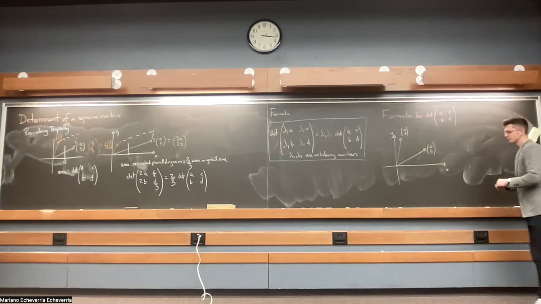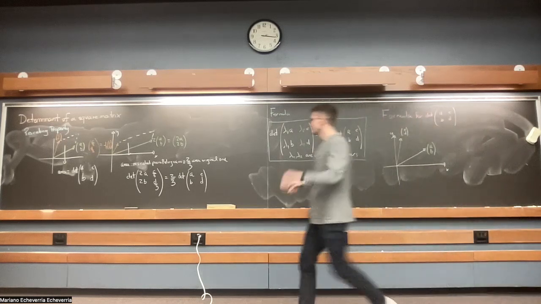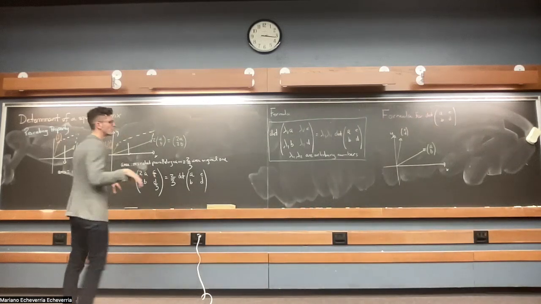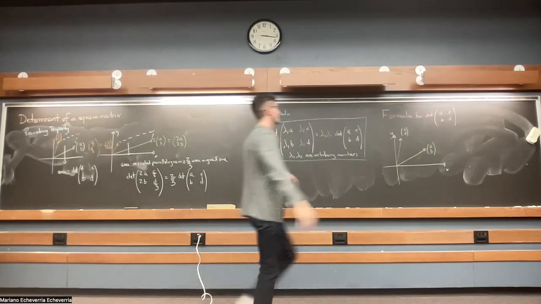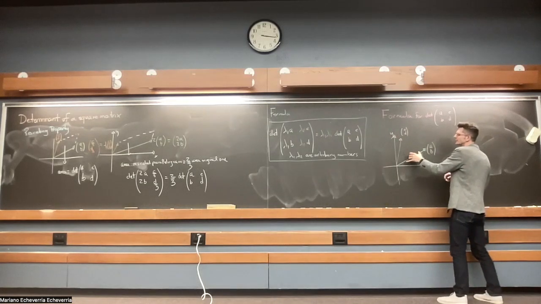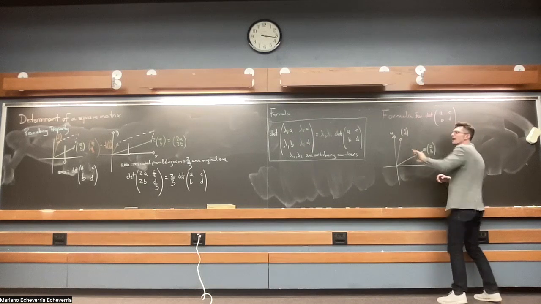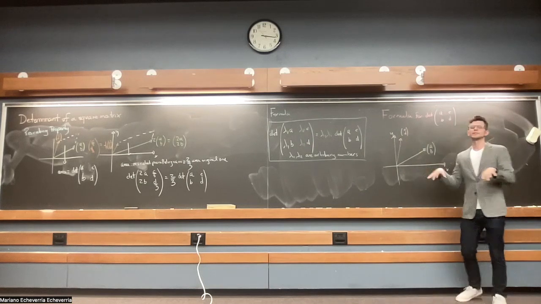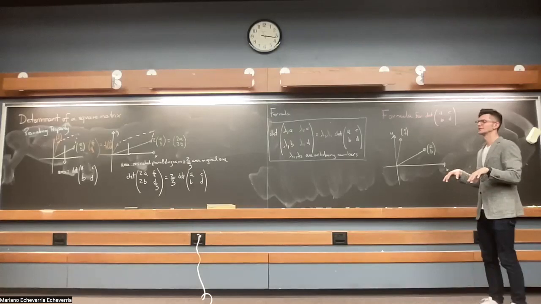Now, because of this rescaling property, if these vectors had length 3 and length 5, essentially what you can do is, how should I say this?